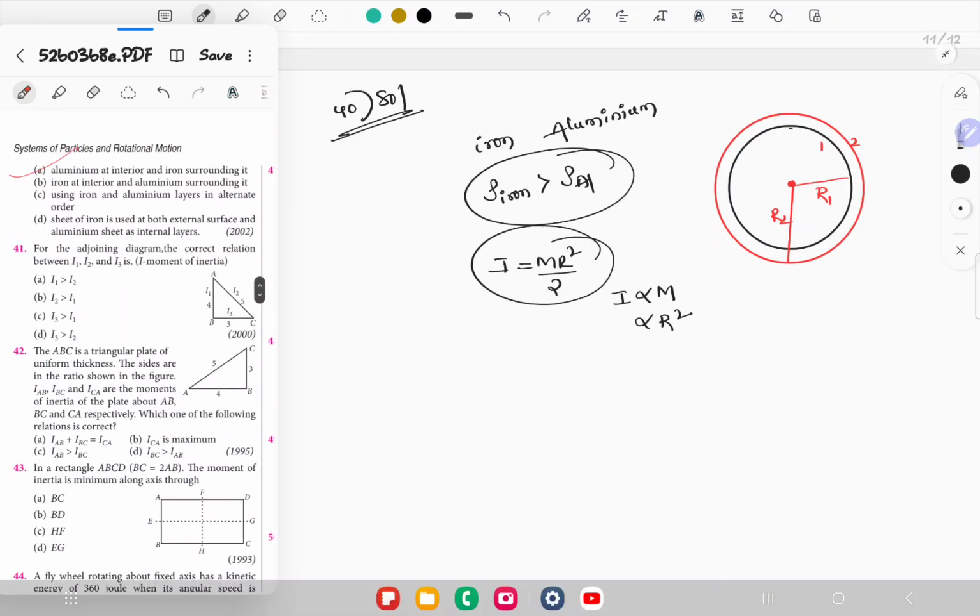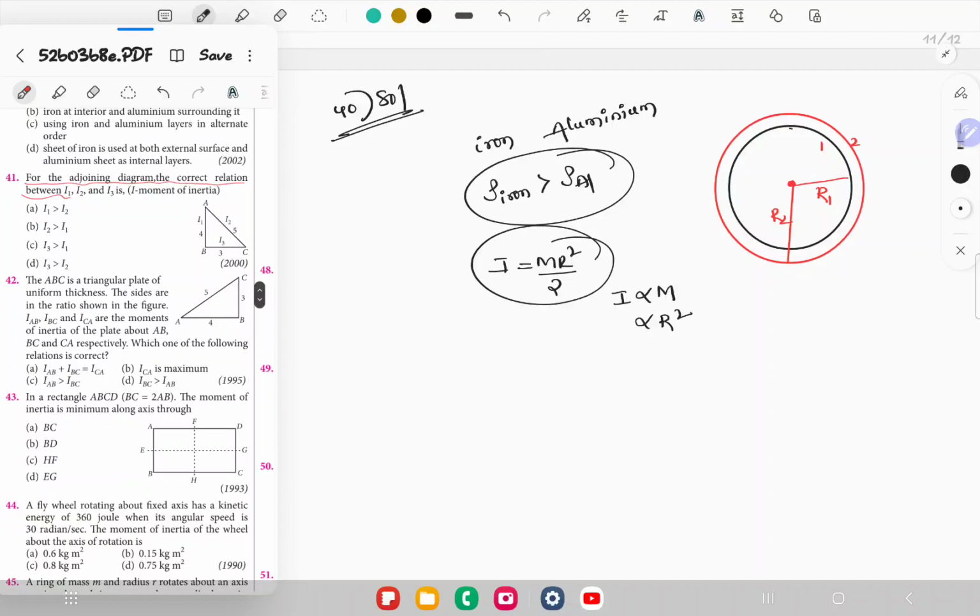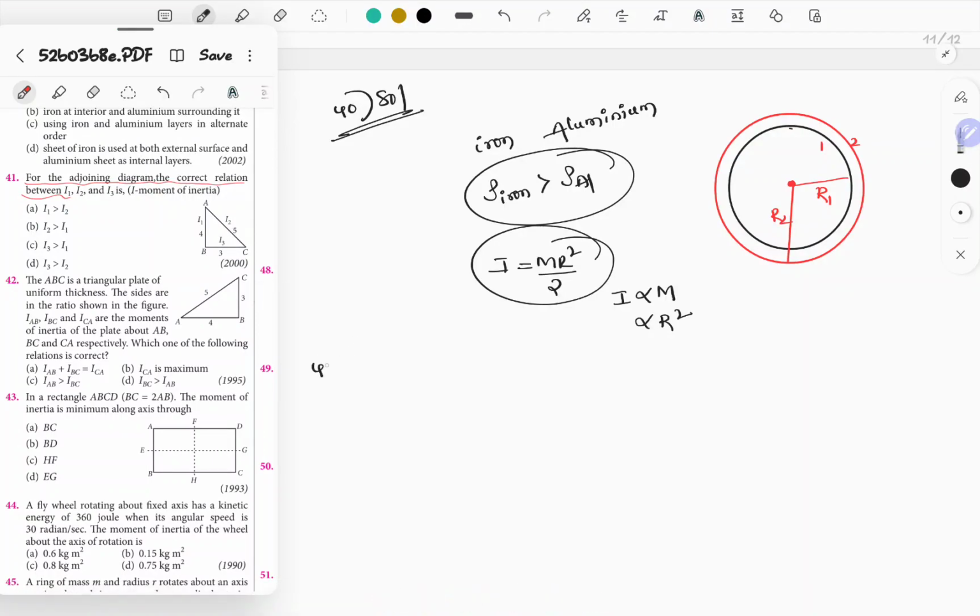Now observe question number 41. For the adjoining diagram, the correct relation between I1, I2, and I3 moments of inertia is asked. There is a formula for the moment of inertia of a triangular lamina, which I didn't give at the time of giving the notes. Look at this.